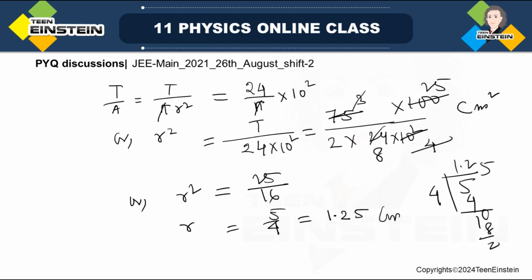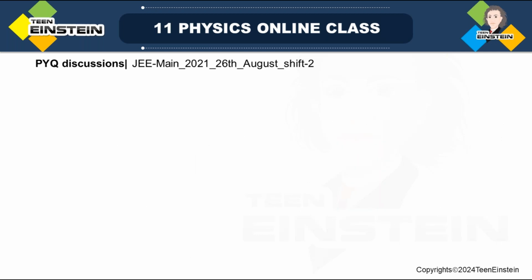Well, let me just redo once again. So we get 24 by pi into 10 square is equal to 75 by 2 pi r square. This pi cancels out.